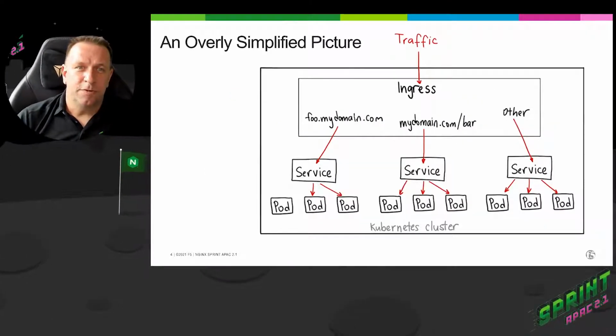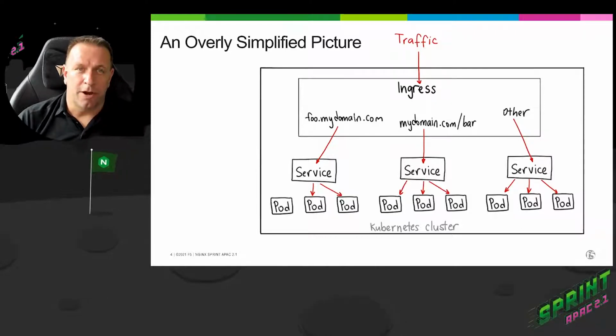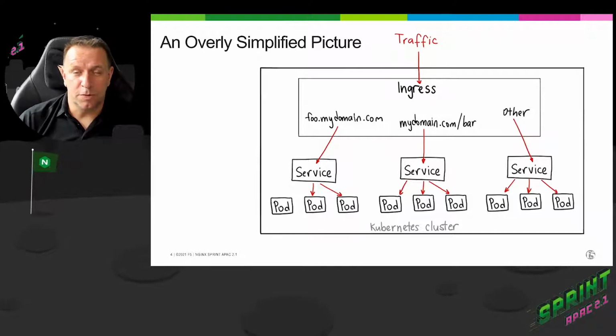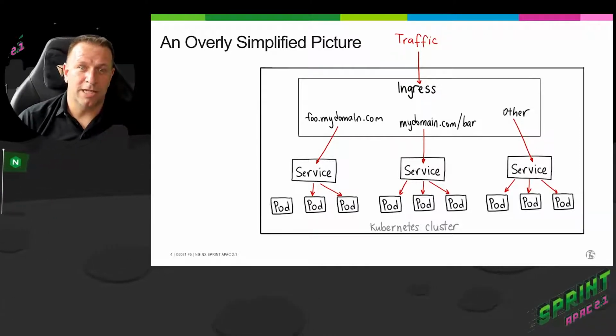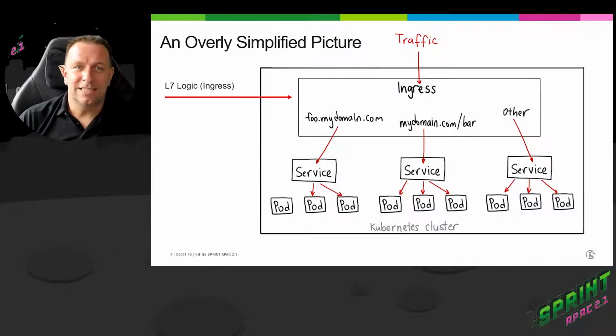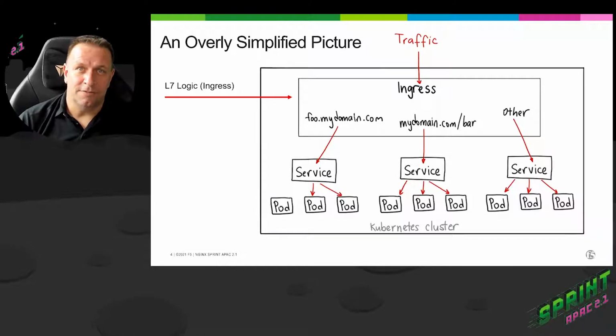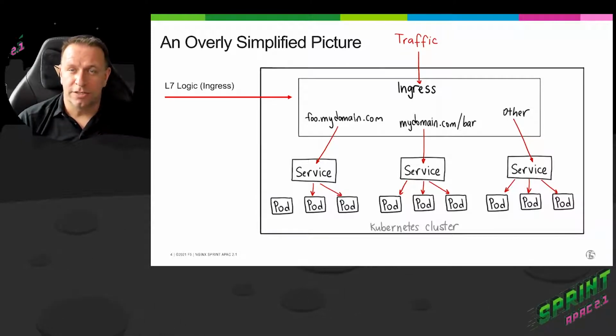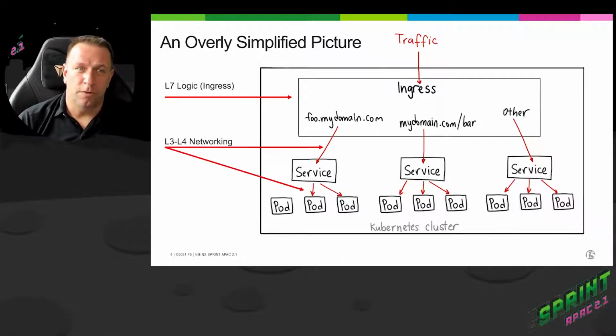With this oversimplified diagram, we can talk about where Kubernetes sort of stops with the traffic management and where NGINX Service Mesh takes over. When traffic enters the cluster via the NGINX Ingress Controller, it does this via layer 7. But once it goes from the Ingress Controller to the service and in turn from the service to the pod, this is done via layer 3 and layer 4.